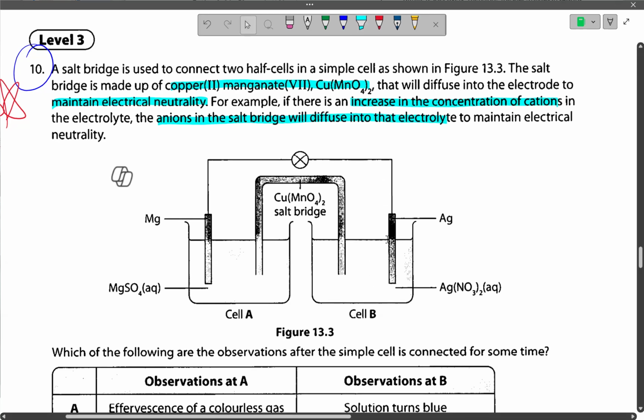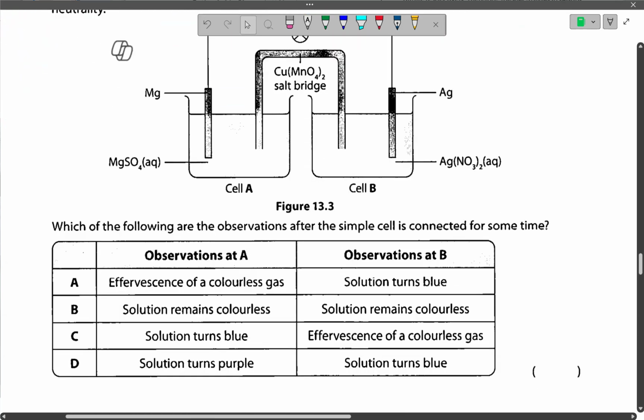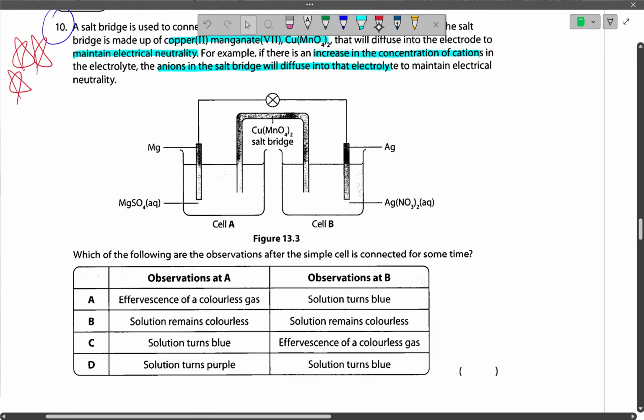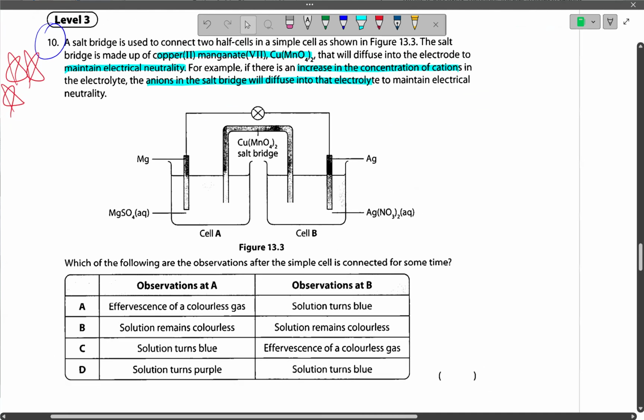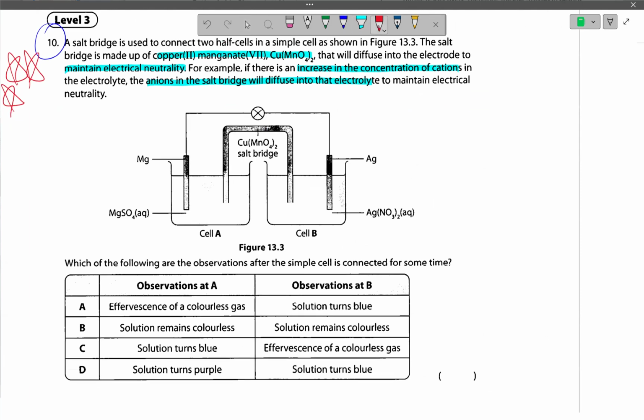So if there's an increase in cation on this side, then the anion will come in. All right. So let's look carefully here. What is the process here? Now, we just ignore the salt bridge first. We look at the two metals, magnesium and silver. Obviously, magnesium is more reactive. Magnesium will form magnesium ion.